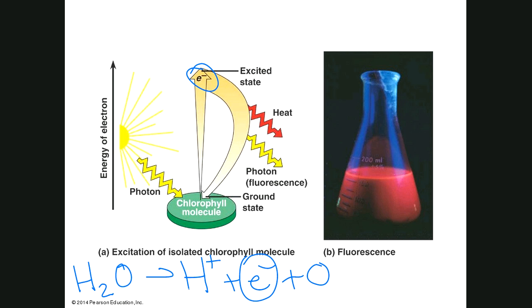Now, once something's been excited in energy, it can fall back down to its ground state. Think of the ground state as being the non-energized state. And when it does, it releases energy again. So kind of like when we were talking back in the chapter where electrons move between shells, electrons in this case can act like batteries. They store energy. Now, anytime energy is transferred, this is the second law of thermodynamics, you don't get exactly out what you put in.